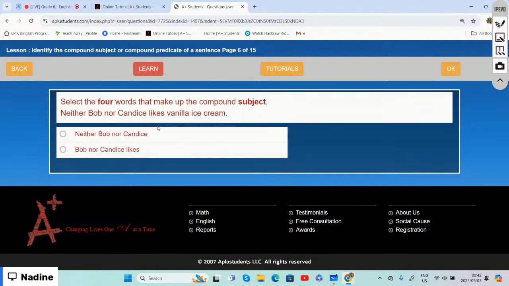It says neither Bob nor Candace likes vanilla ice cream.